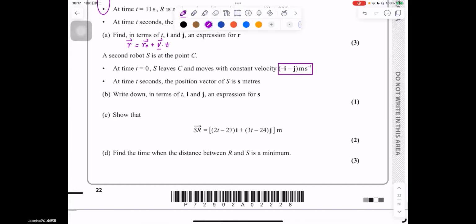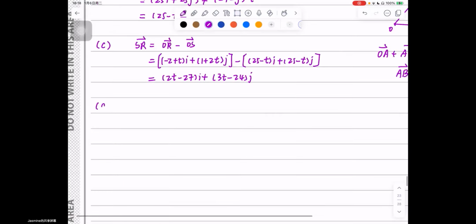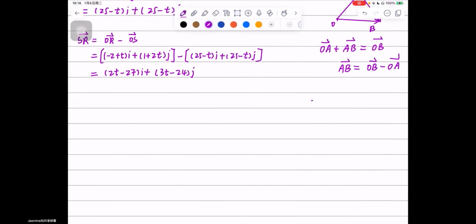Okay, and last one, find the time when the distance between R and S is minimum. All right, now we know about this vector, so what is the distance? If a vector is ai plus bj, the distance is the modulus, which is the square root of a squared plus b squared.